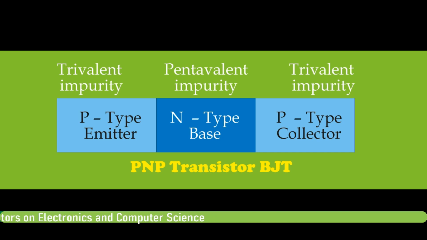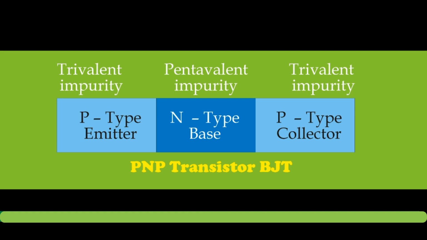So in this way, this device will have three regions, two p-types at the ends and one n-type in the middle. One of the p-types is called the emitter and another is called the collector. So all the current emitted by the emitter will try to flow towards the collector, and it will have to pass through the middle region, that is n-type. So the middle one is the base.